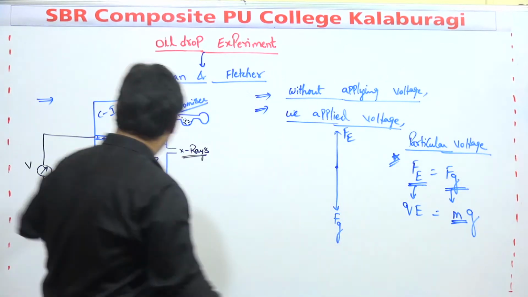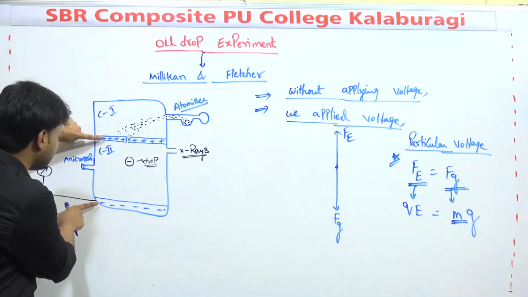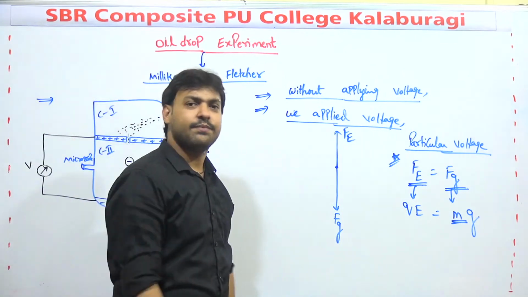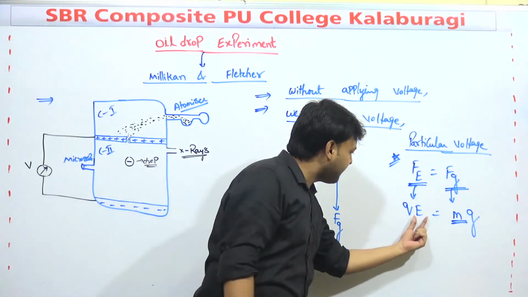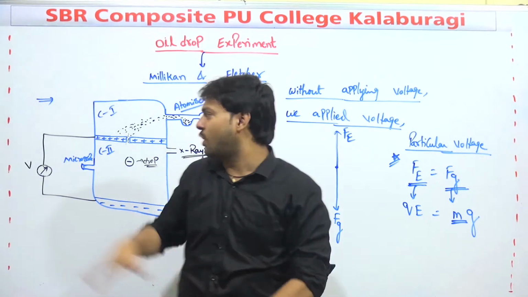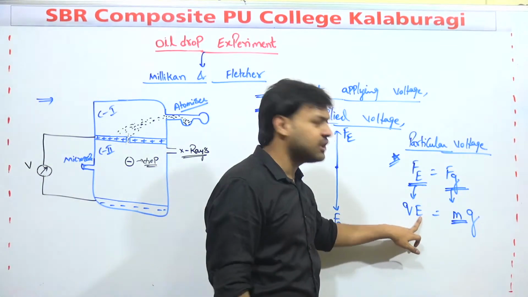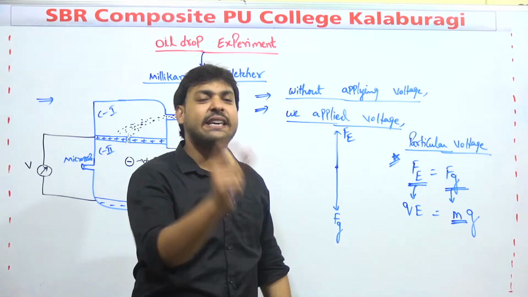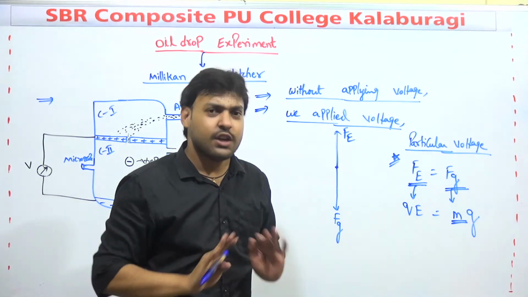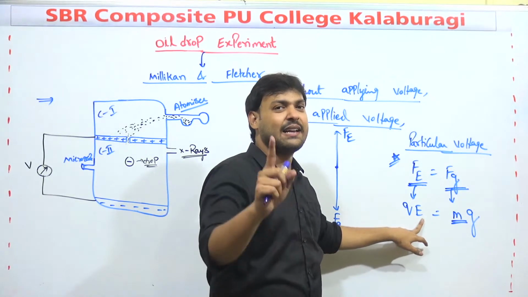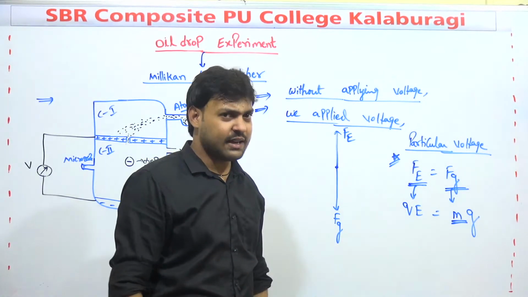How much voltage we apply and the distance between the plates we know. So can we calculate how much field there is? Yes, because the voltage we know and the distance between the plates we know. That's why we can also calculate the electric field. What is the relation? E equals V by d. So we can calculate the electric field.